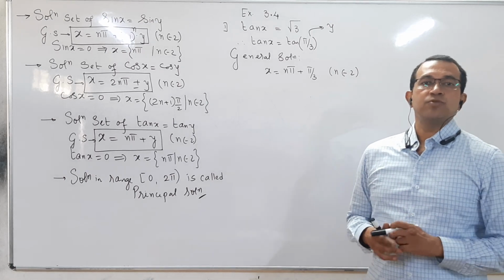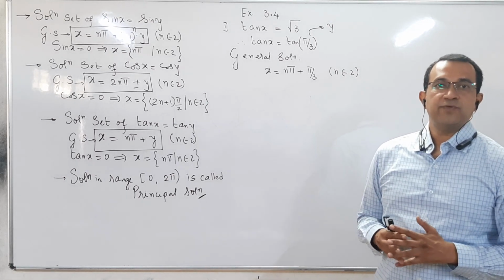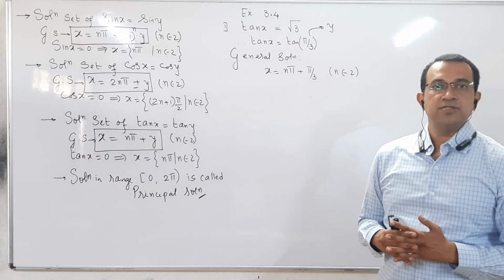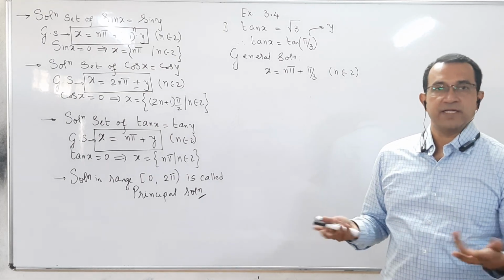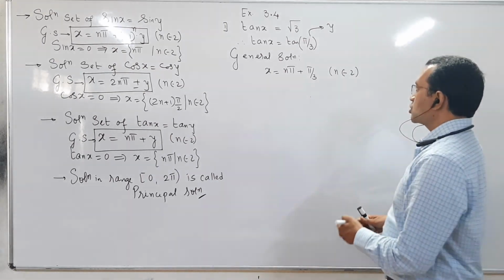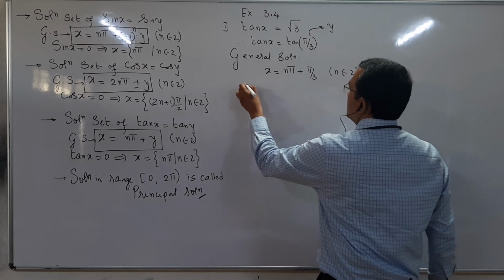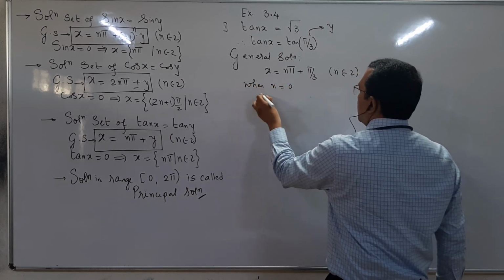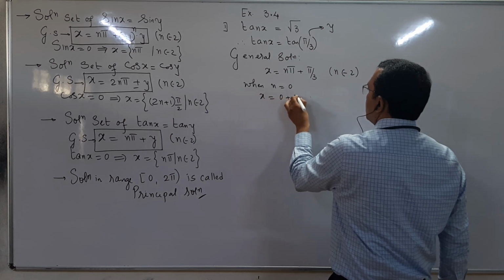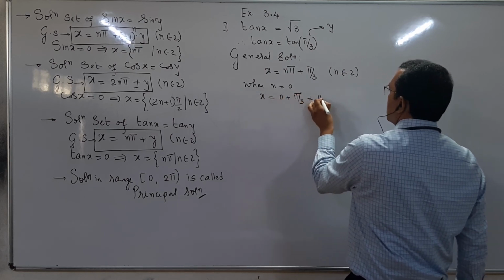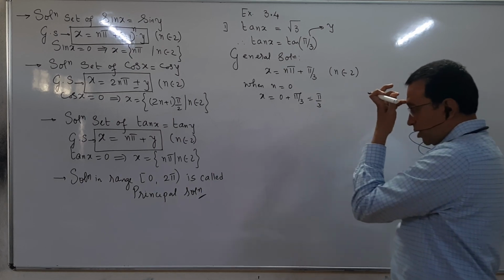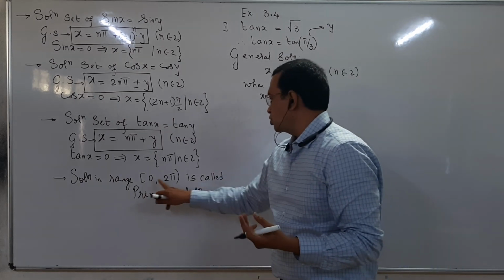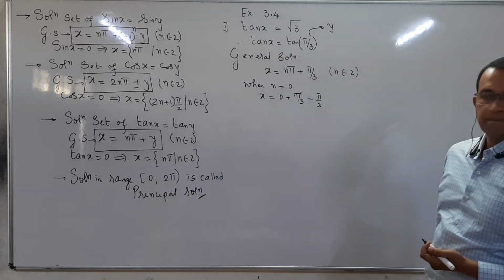Usually to get the principal solution, we take n in the range of minus 3 to plus 3 maximum. So suppose I take n is equal to 0. Then I get x is equal to 0 plus pi by 3, and pi by 3 belongs to closed 0 to open 2 pi.